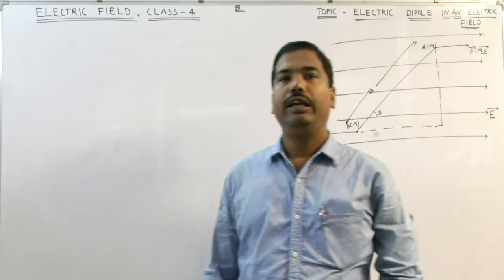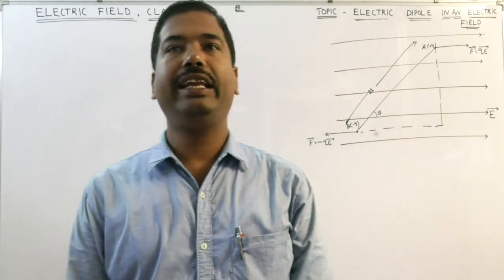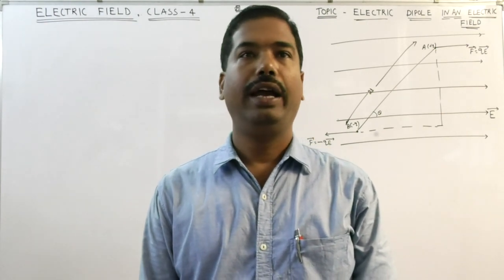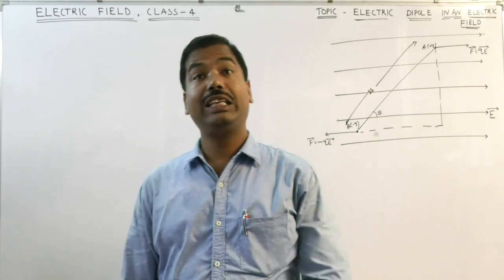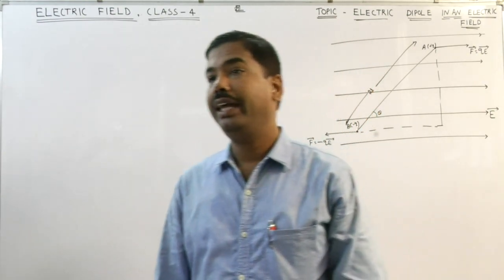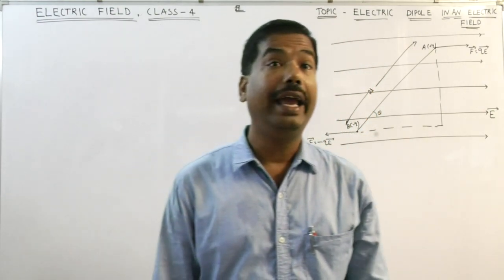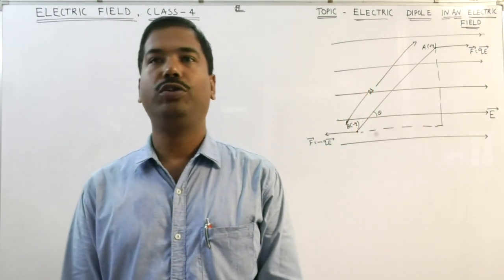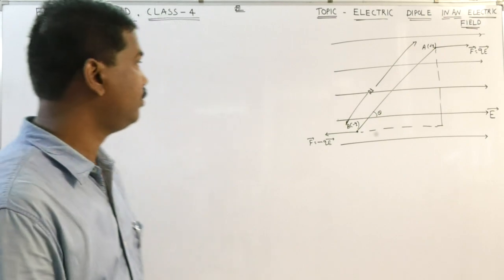It means previously we have discussed that an electric dipole consists of a charge plus q and minus q. Hence, when an electric dipole is placed in an external electric field, what happens? Today we are going to discuss about it.